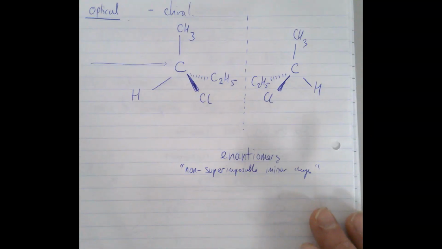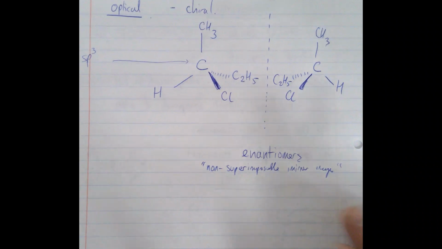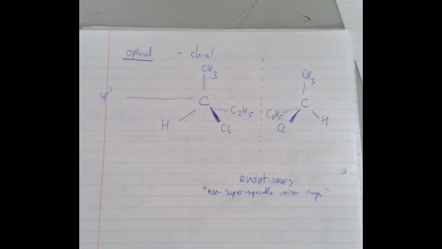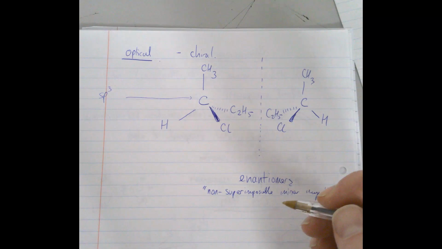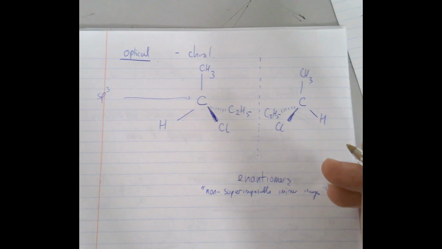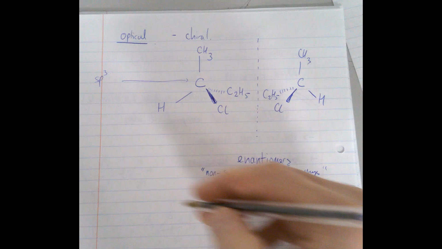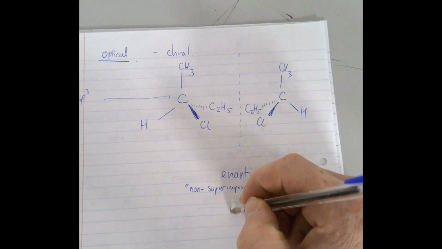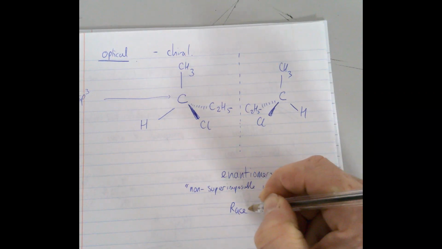There's one or two things you need to know about these chiral molecules. One is a physico-chemical property, which is that we can detect when we've got a single enantiomer. I should have said that if you've got a 50-50 mixture of one enantiomer and the other, we call it a racemic mixture.